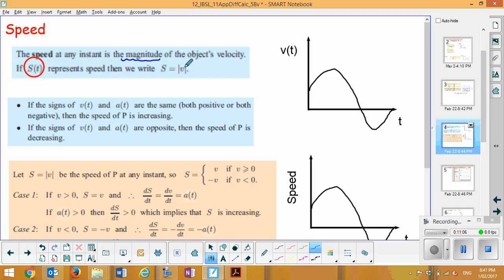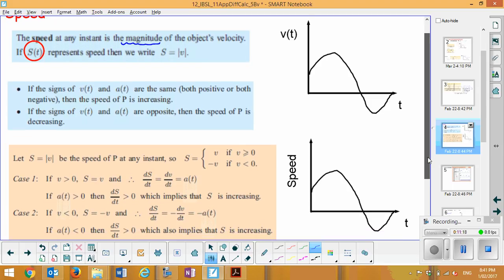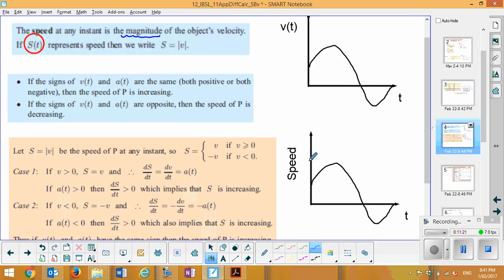It's just the absolute value of the velocity. So you won't often see it written like that in your IB, and I'll be careful at using that notation. Be very clear whether you're talking velocity and speed. Remember, you can put the absolute value of velocity into your GDC using the absolute value signs, and we'll practice that in class.